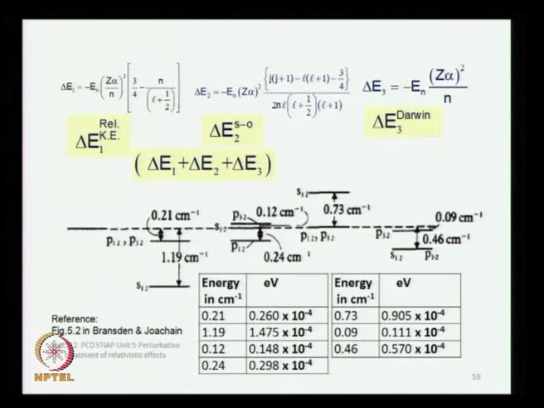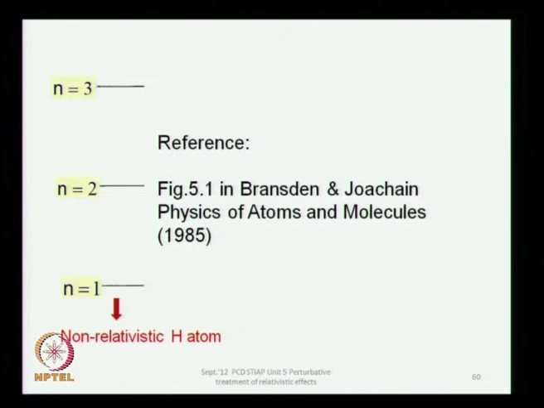You can also see what is the corresponding effect on other levels of the hydrogen atom. We have seen the corrections to the n equal to 2 state, the 2s and 2p. We can also see what corrections it makes to n equal to 1, and also to n equal to 3 and to the other states, just to get an idea. And certainly the relativistic effect changes the atomic structure. This is the study of atomic structure.